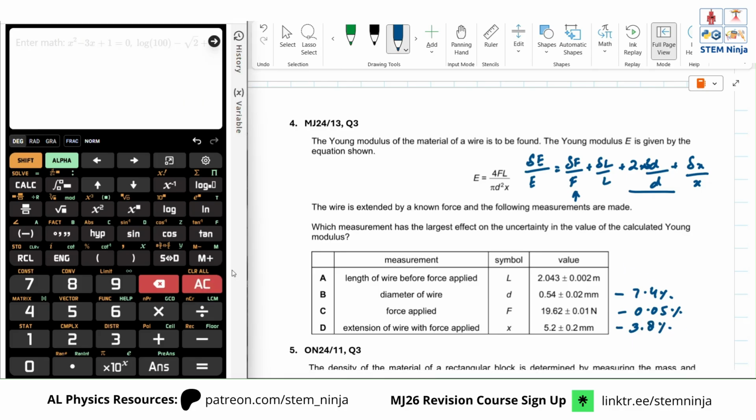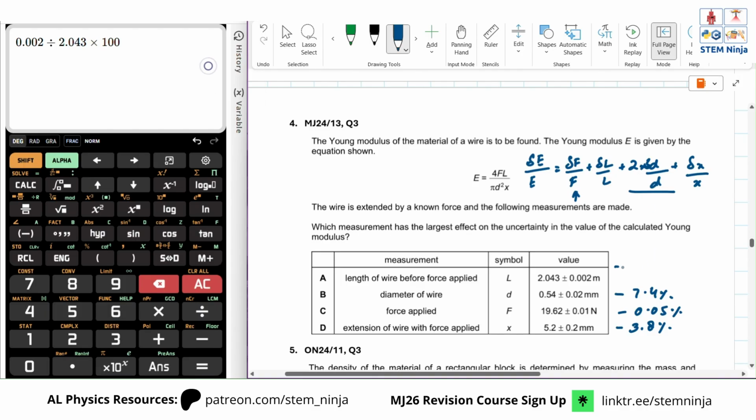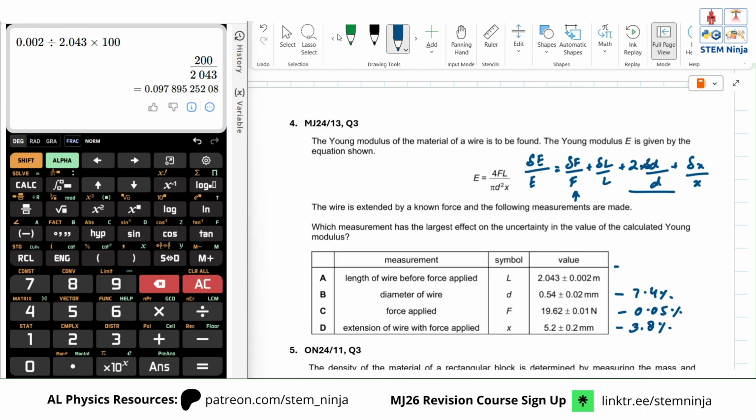And this one, divided by 2.043 times 100, is 0.097. So clearly this has the most impact.